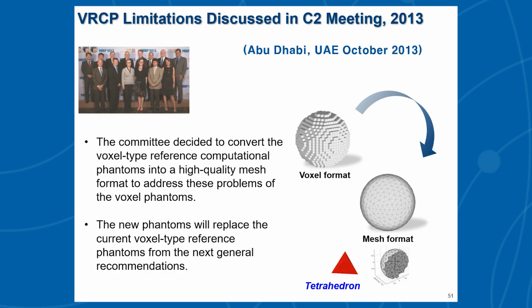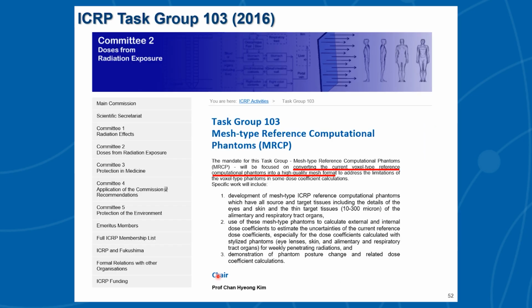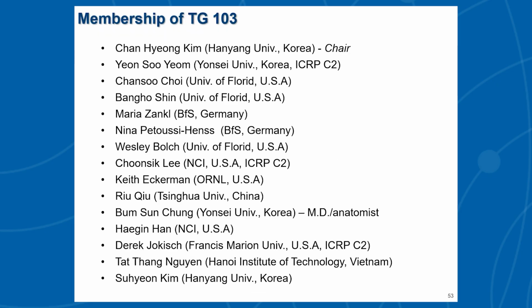To implement this project, Task Group 103 was established in 2016. This is the current membership of Task Group 103, which is led by Professor Chan Hyeong Kim at Hanyang University, Korea.